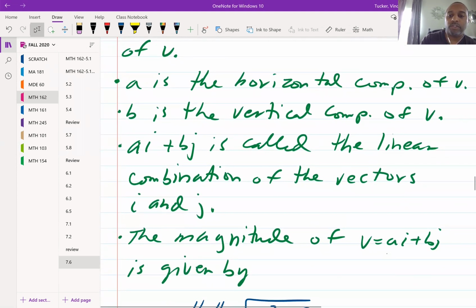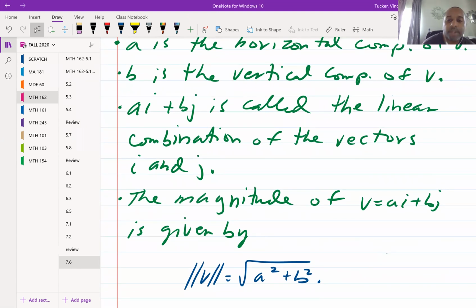The magnitude of vector v equals ai plus bj is given by the square root of a squared plus b squared.